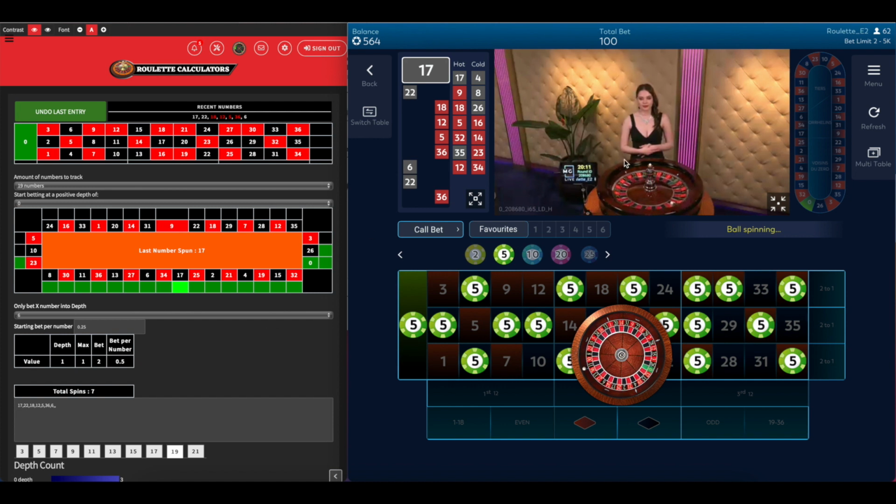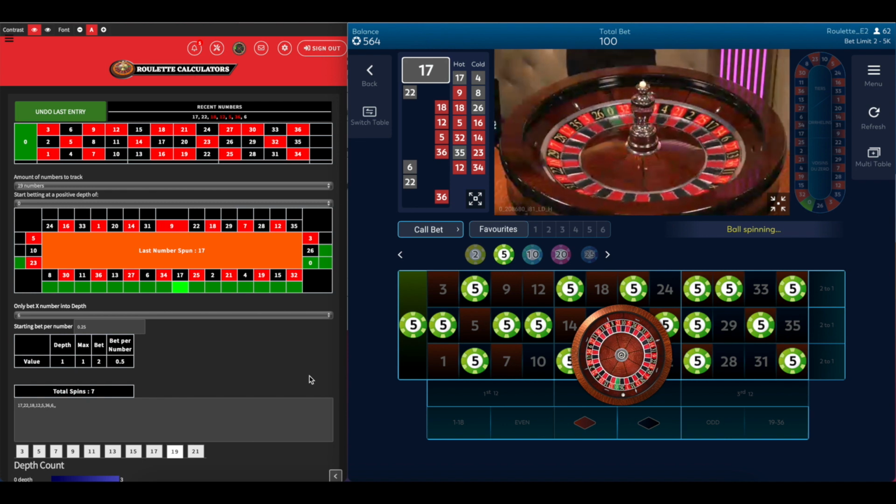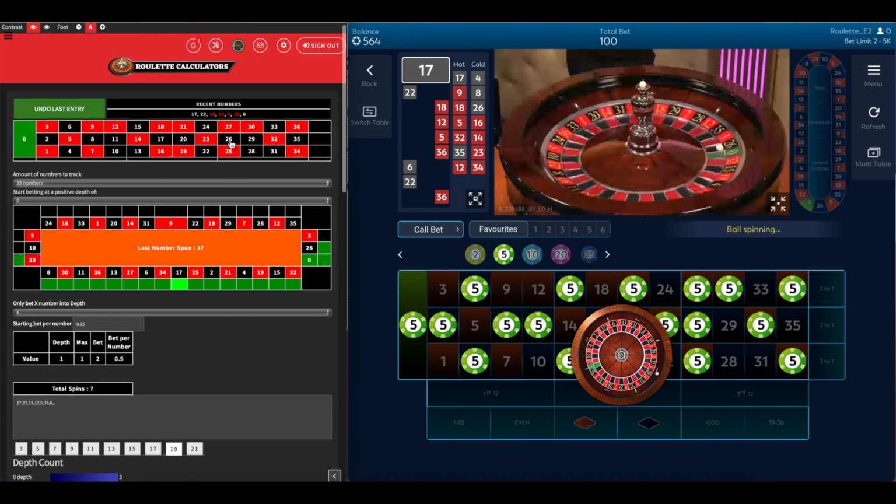Fortunately, it's lagging a bit. Probably lagging due to this silly thing. Okay, we just got it then. Thought it was going to carry on a little bit, but we still hit that one, number 26.